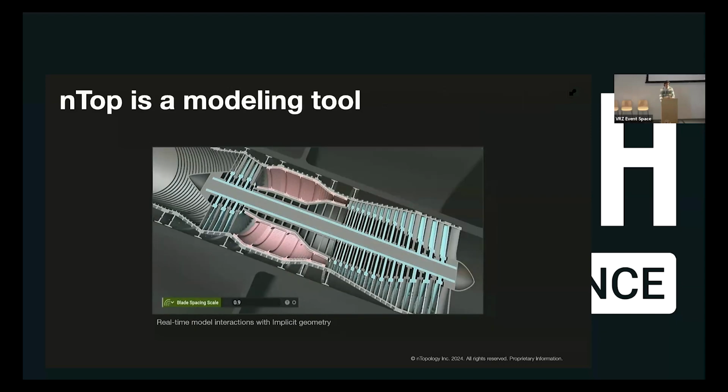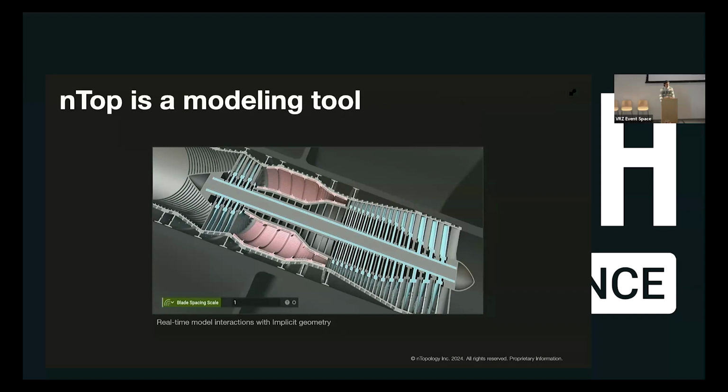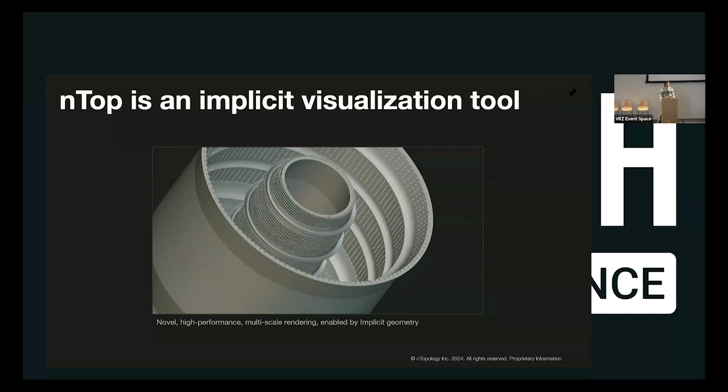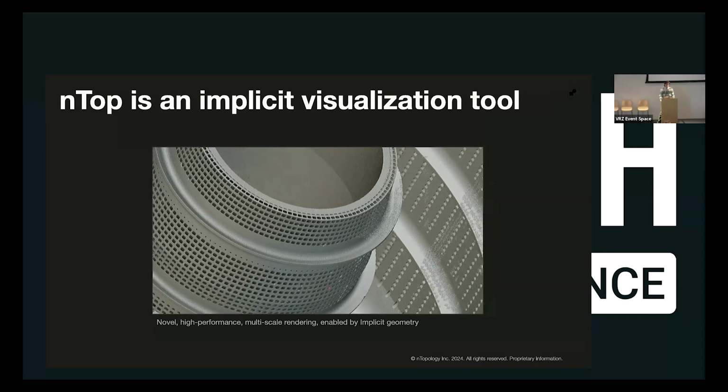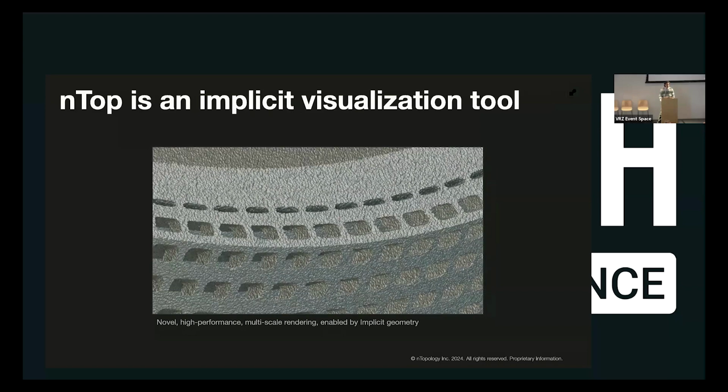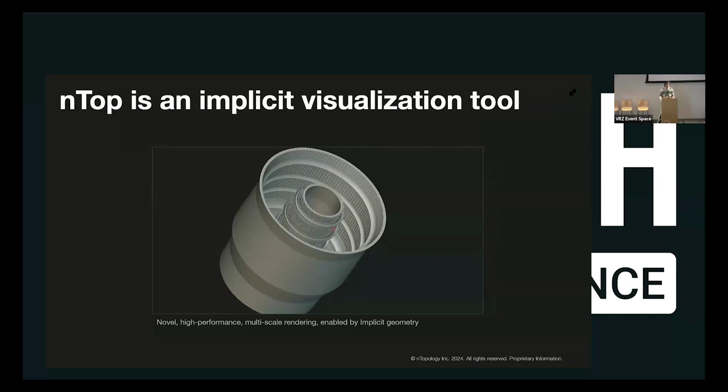nTop's also a modeling tool. Quite simply, it's an implicit modeling tool that allows for direct interaction with geometry in real time, even super high complexity geometry. This new type of geometry also requires a different type of visualization that most CAD software today hasn't really had to confront. Implicit geometry is a function in space, broadly speaking.